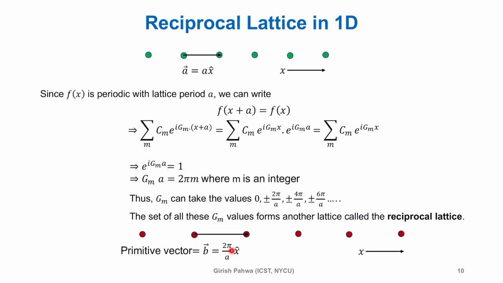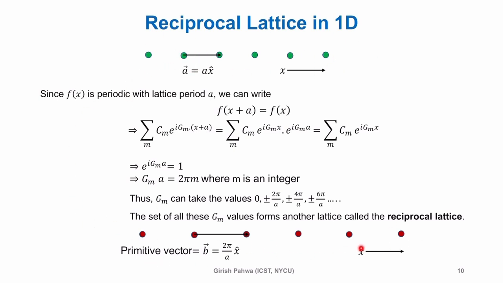So that's why it's called reciprocal lattice. Is any information lost? No. Of course, I can also calculate this G_m through some procedure, but this G_m represents basically the same information that I had here in a different way.